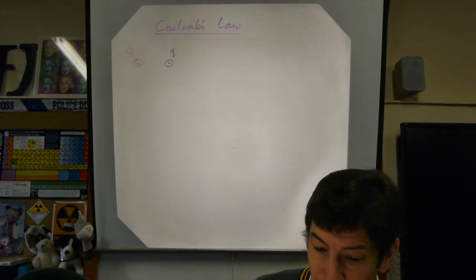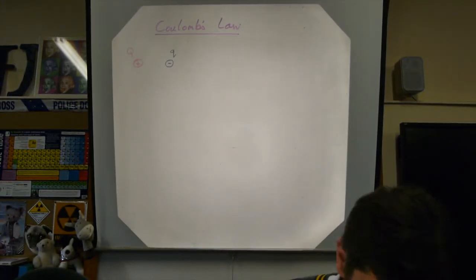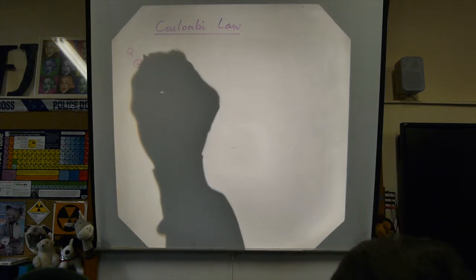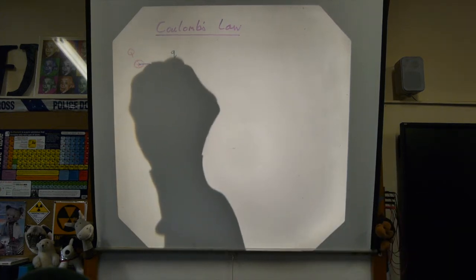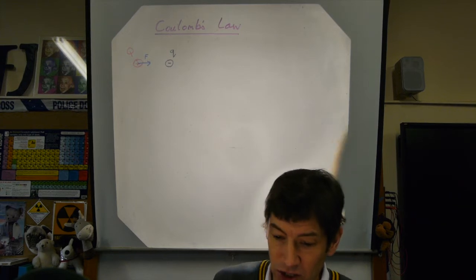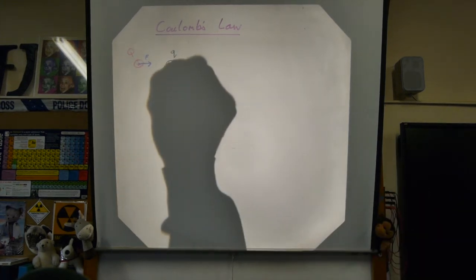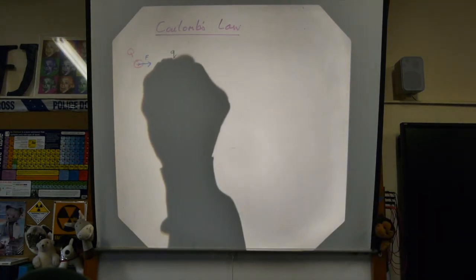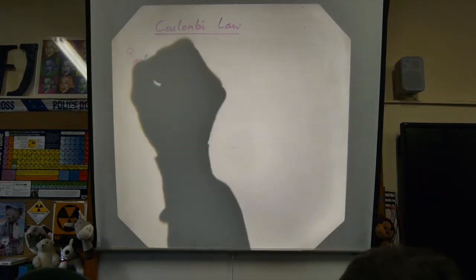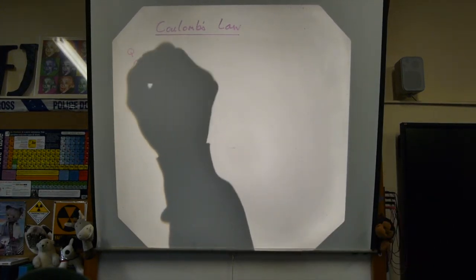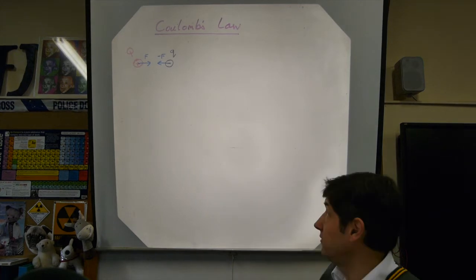Now there's going to be a force between these. The Q here is going to be pulled that way with a force of attraction, and this one is going to feel an equal and opposite force. And we have to be careful here to say, well, if that one's positive, then that one's negative.